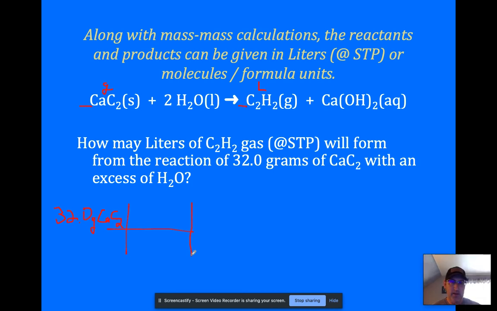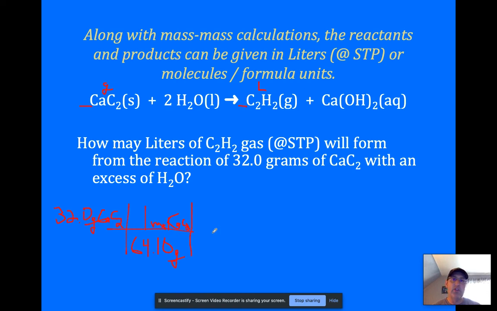Ca is 40.08, and 2 C, so plus 12.01 times 2, gives me 64.10. So 64.10 grams goes on the bottom, in 1 mole. Grams will cancel out, and now you have moles of CaC2.